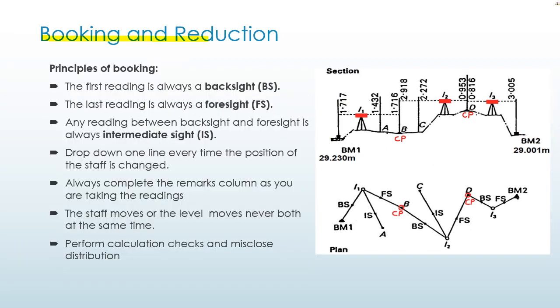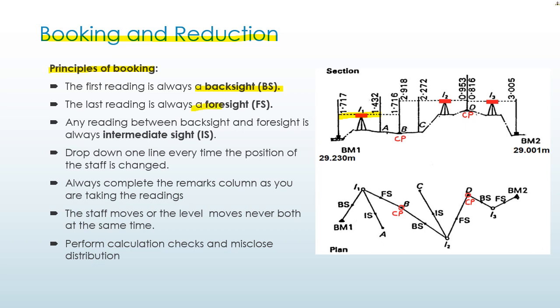Before you can do the calculation, you need to remember the principles of booking. So we need to know the definition of a backsight. That is always the first reading after you set up the instrument. For example, in setup number 1, the first reading is the backsight to benchmark 1.